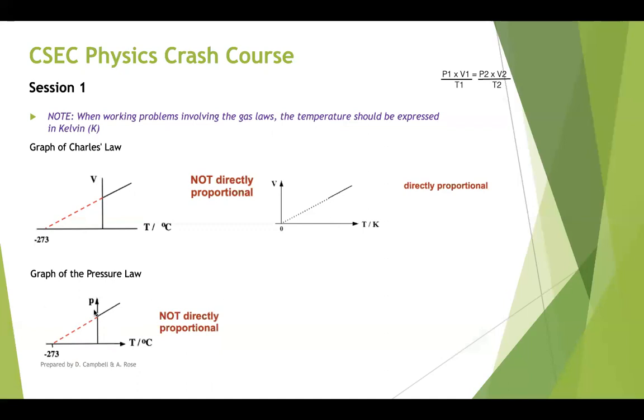If you plot a graph of pressure against temperature in degrees Celsius, the line does not show direct proportion, but if you trace backwards to 0 pascals or whatever your unit of pressure is, then it would correspond to negative 273 degrees Celsius, which is equal to 0 Kelvin.